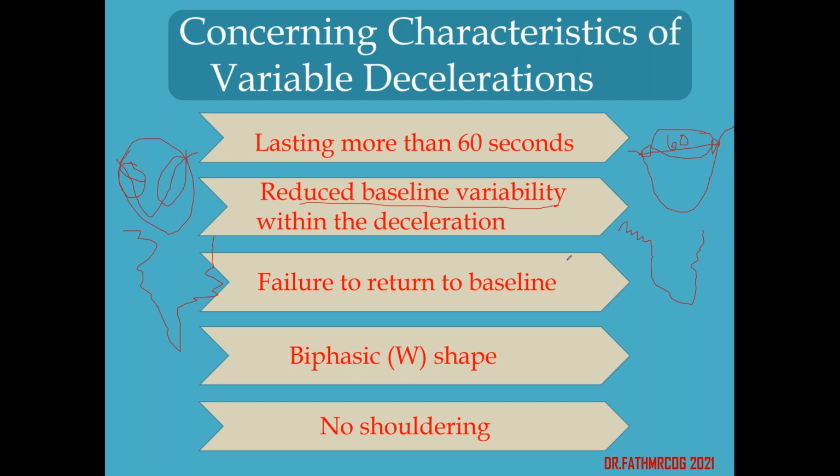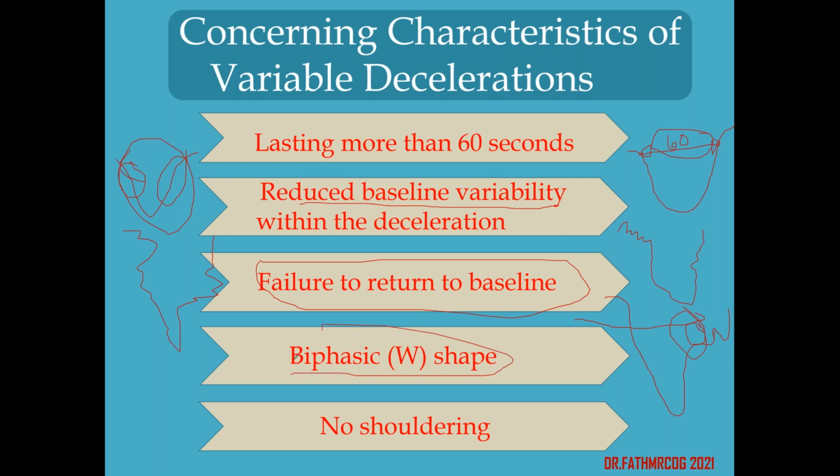The third one is failure to return to the baseline. If this is the baseline, this is a deceleration and failure to return, so difficulty returning to baseline. This is one of the concerning features of the variable deceleration.